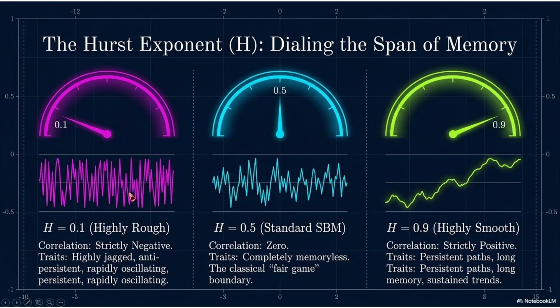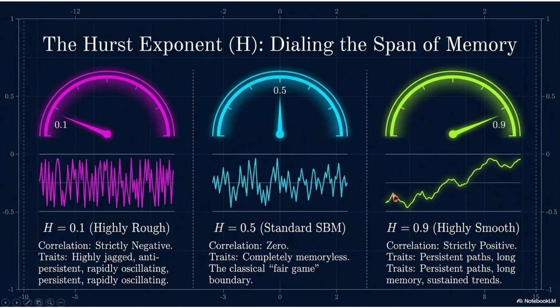The correlation between increments is strictly negative, resulting in the highly jagged, anti-persistent, and rapidly oscillating path you see. In the middle, if it's 0.5, this is the standard Brownian motion. The correlation is 0, so it's completely memoryless and represents the classical fair game boundary.